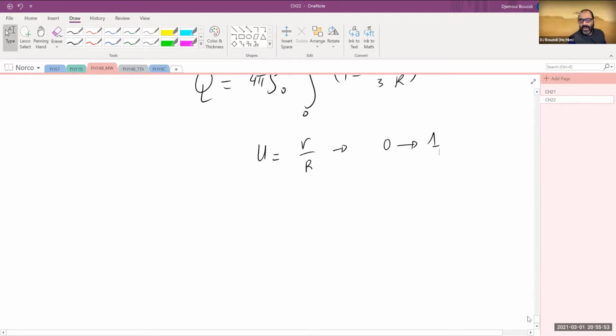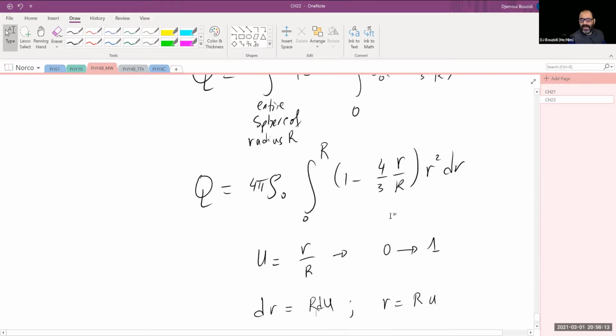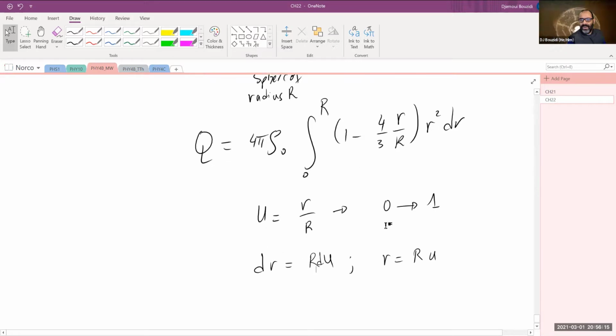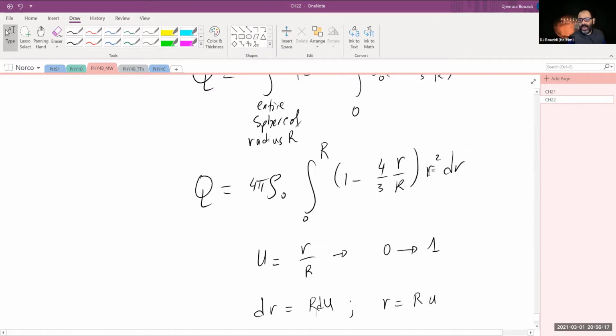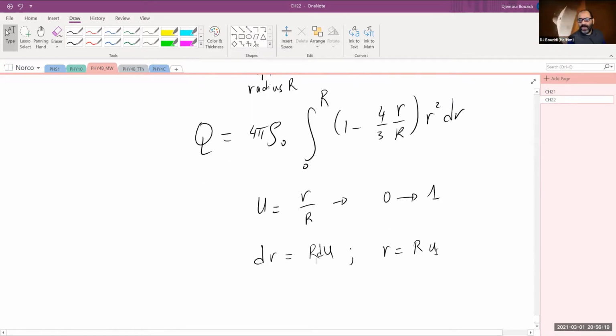The other thing from this expression is that dr is equal to R du, whereas r is equal to R u. So now if I plug this expression in here, r over big R is exactly u, and r squared will become R squared u squared, and dr will become another R times du.